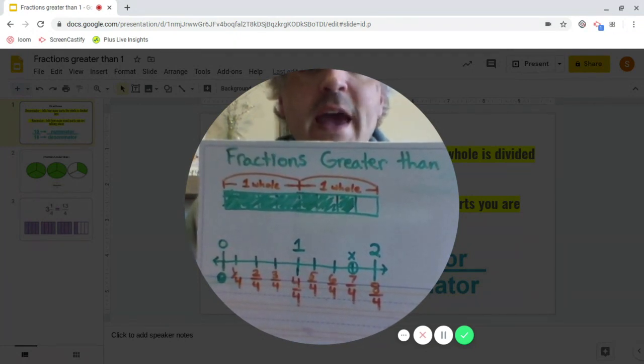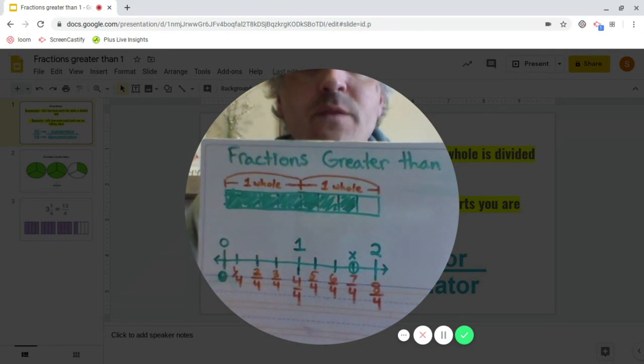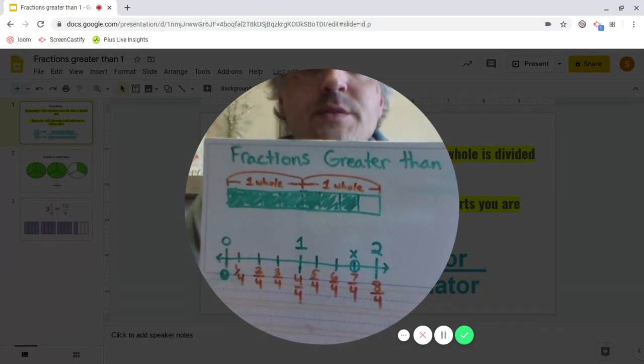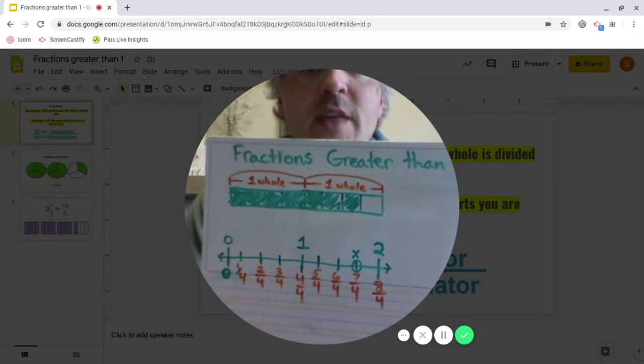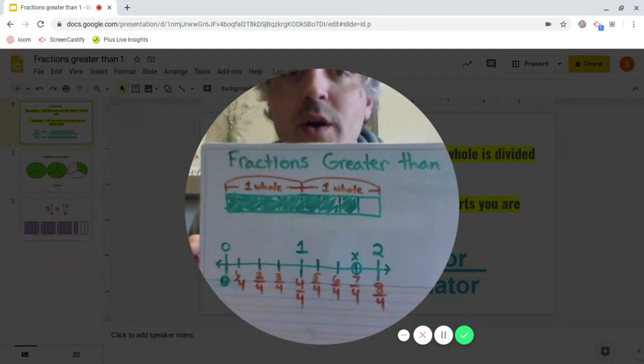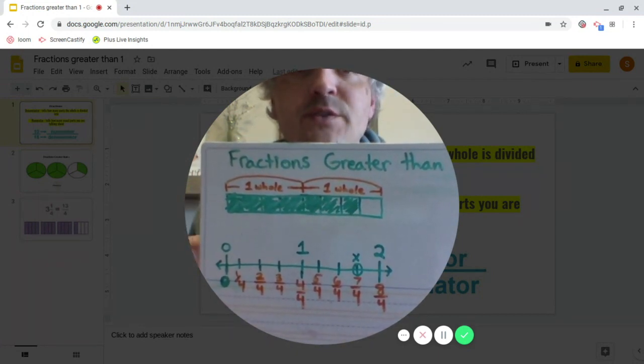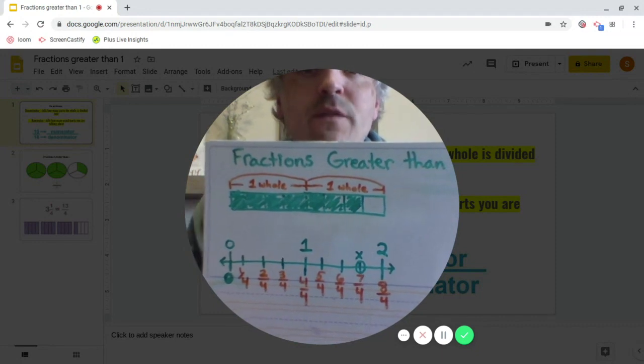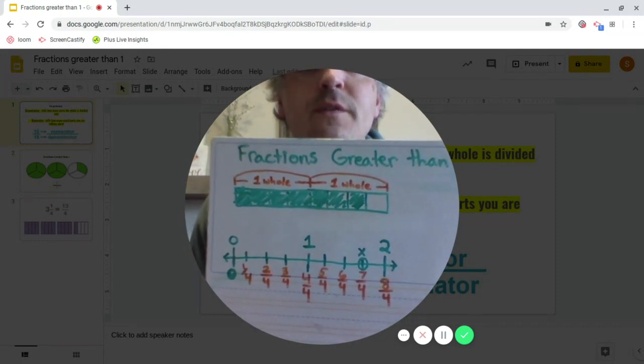Say I asked for 5/4. Where is 5/4? Well, 5/4 is greater than 1 whole. 5/4 would be 1 and then another quarter, 1/4 after it. So it would be 4/4 plus 1/4, which would equal 5/4.